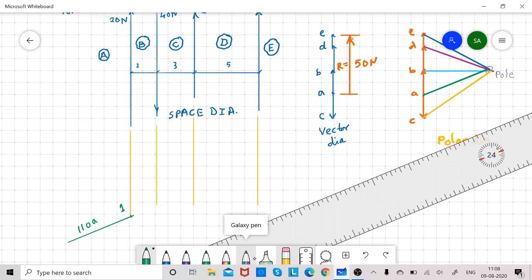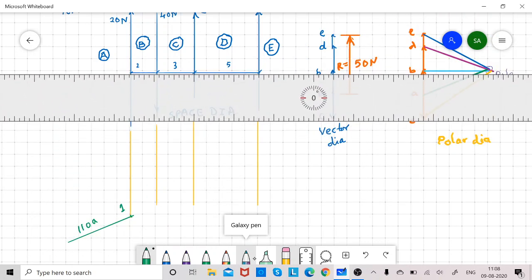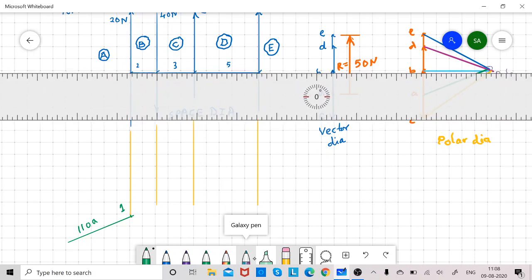Now, from point number 1 in space B, draw a line parallel to OB. So this is the line from the polar diagram.